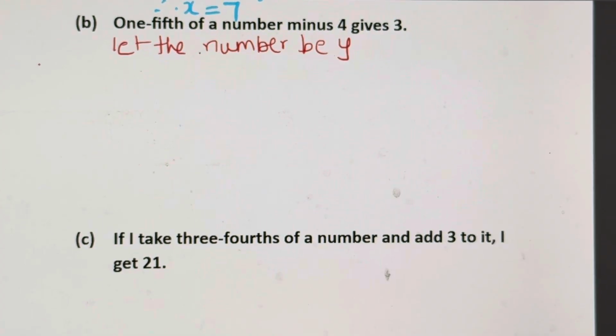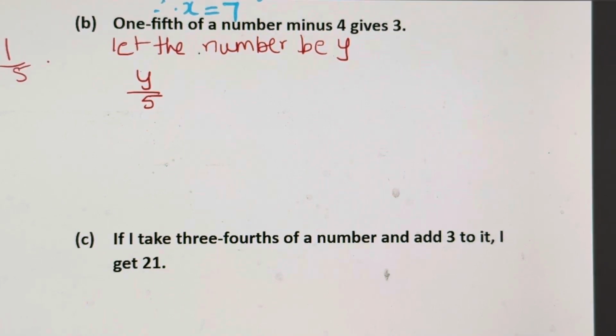So 1/5 of y means you are dividing y by 5. 1/5 of y means 1 into y will be y upon 5. So you can directly write y upon 5 minus 4 is equal to 3. This is the equation formed.